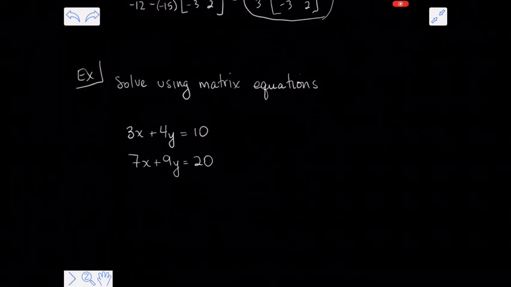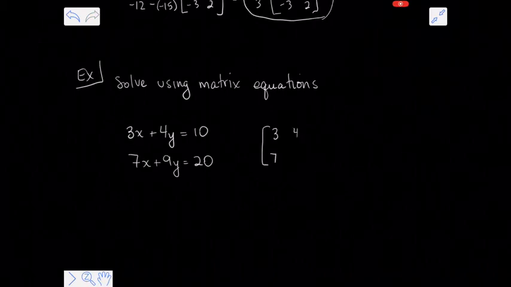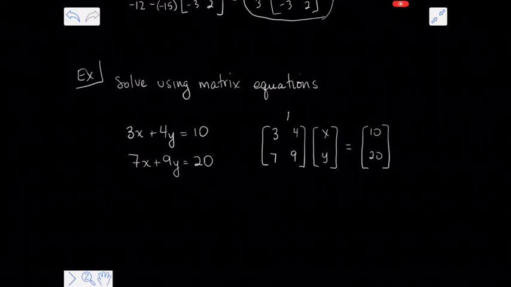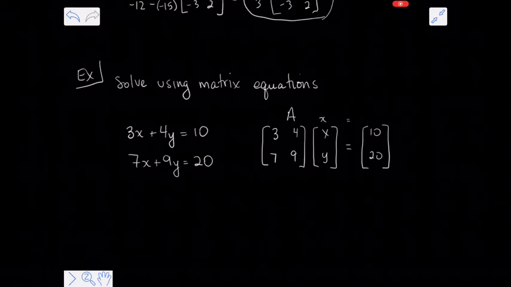So what should happen here is you first convert it into a matrix equation. Where this is A, that's little x, that's little b.